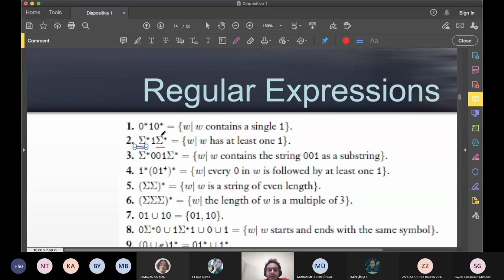Is this clear? We make sure that there's at least one, and we enforce it. But before and after, we can have as many of the other characters as we want. So this is also like the string containing 001 as a substring, right? The third one. Again, we enforce 001 as a substring, and before and after we can have whatever we want. It doesn't matter because the rule says that we just want to see 001 as a substring.